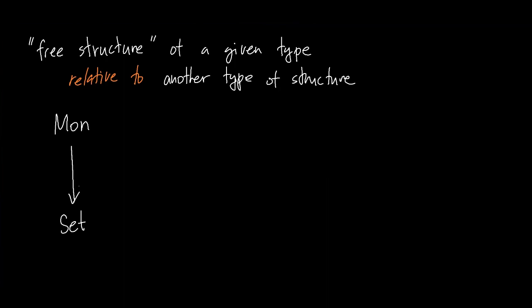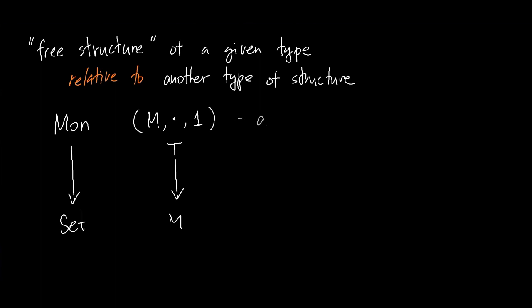Now the functor we want to consider from monoids to sets is the expected one. If we take a monoid, which consists of a set, a binary operation, and an identity element, we want to forget the operation and the identity element. We just want to keep the set. This is called the underlying set of the monoid.